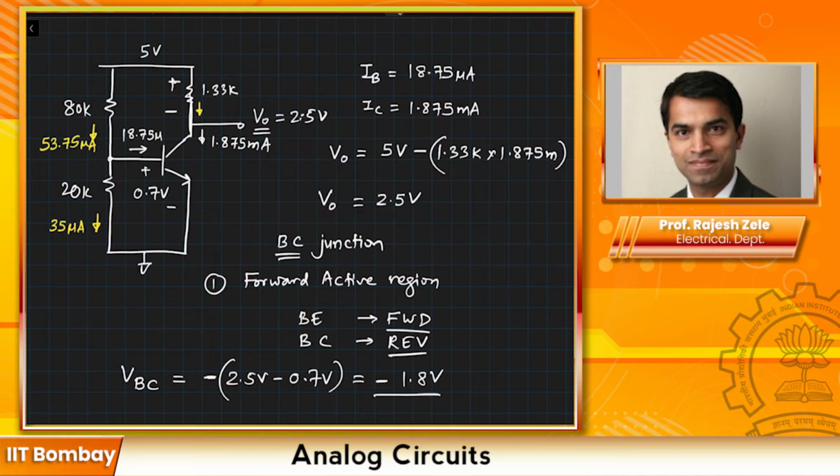Current here is going to be 1.875 milliamps. What is the emitter current? Emitter current is the summation of this base current and the collector current, and that would be equal to 1.893 milliamps. That's your emitter current.